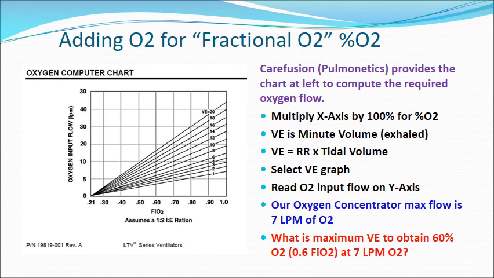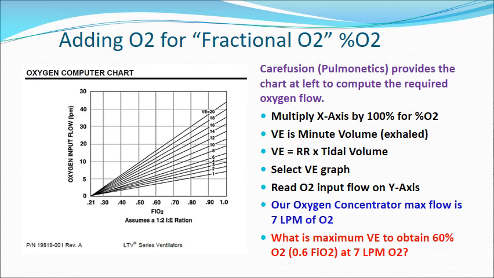And so you can see what minute volume is required to achieve an oxygen saturation. Now, the way in which they present oxygen saturation, FiO2, or fractional oxygen, you have to multiply that number by 100%. We go by percent, they go by just a decimal value from 0 to 1. But our oxygen concentrator, the max flow is 7 liters per minute, so that kind of constrains what we're able to do.